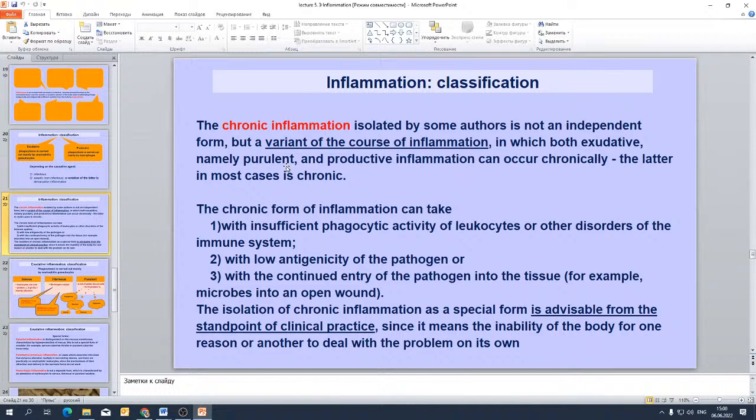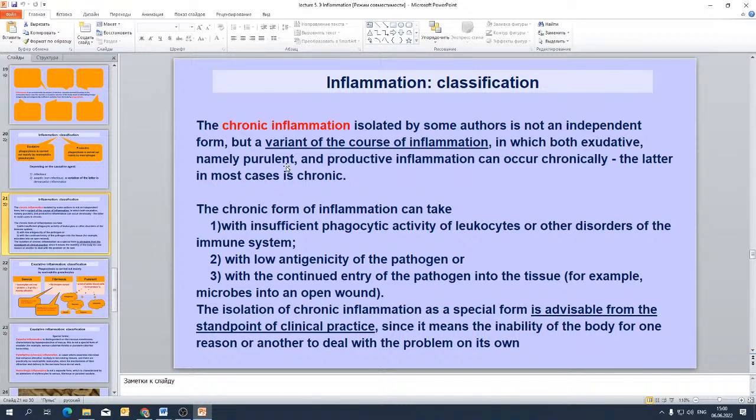If we discuss purulent inflammation, in an acute abscess, connective tissue does not form around it, no capsule forms. In chronic inflammation, a capsule forms around the abscess.